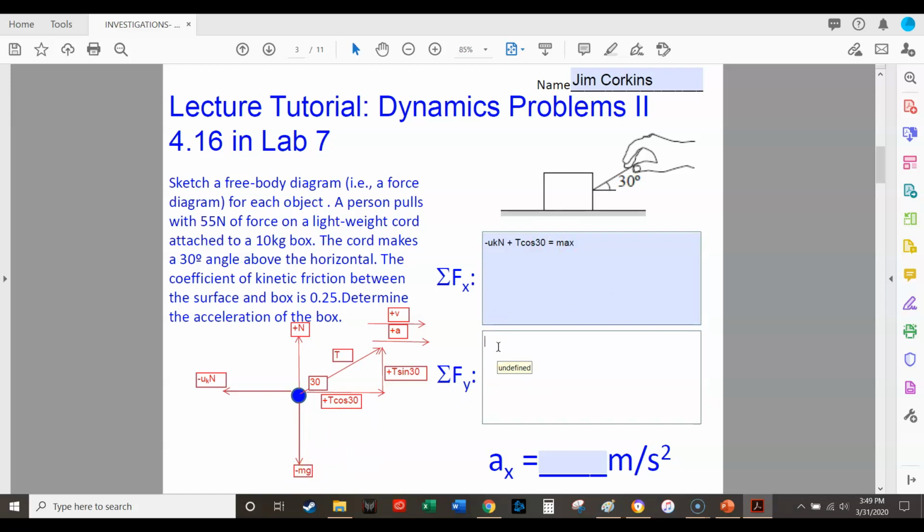So I'm going to start off with a positive normal force, plus T sine of 30 degrees, negative mg, and I'm going to set that equal to mass times acceleration in the y direction. But since it's not accelerating up or down in the y direction, we're going to set that equal to 0 newtons.